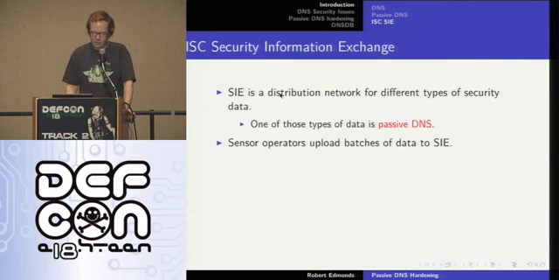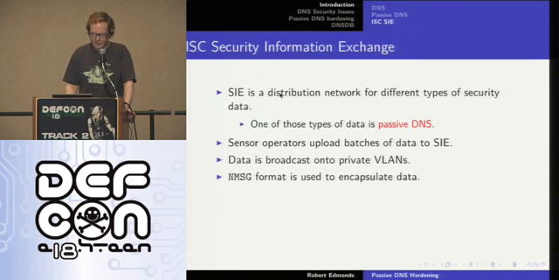Passive DNS sensor operators run sensor code that captures DNS traffic and periodically uploads it in batches to our submission servers. And our submission servers take care of replicating the data among physical SIE sites where the data is broadcast out in a standardized format on private VLANs, sort of a poor man's multicast.